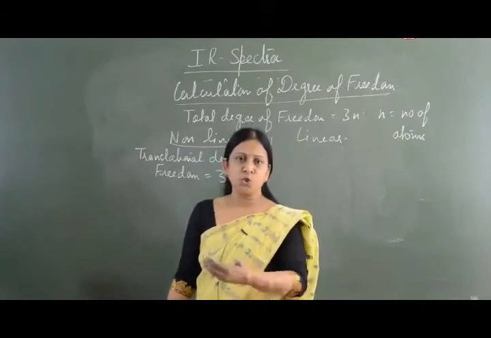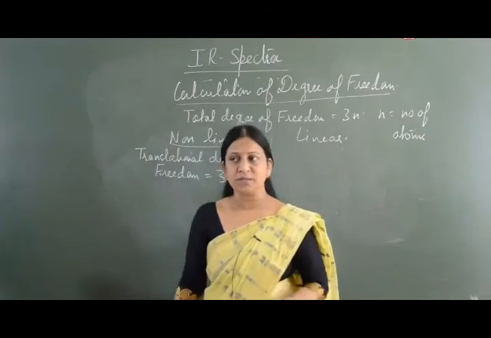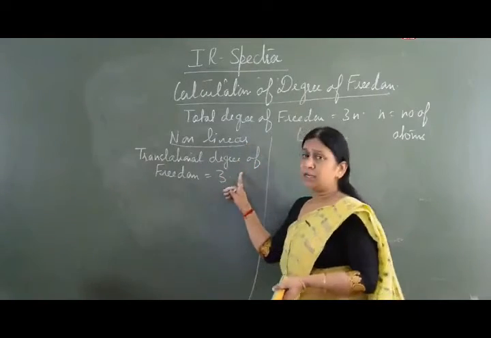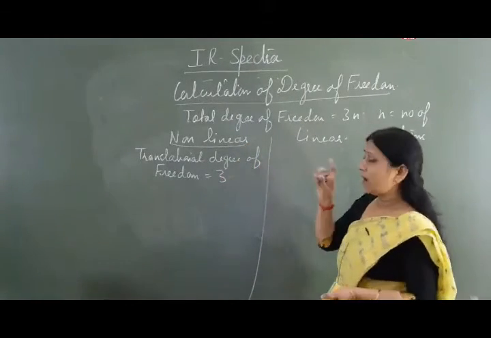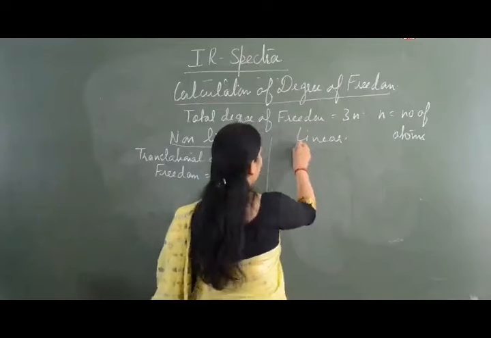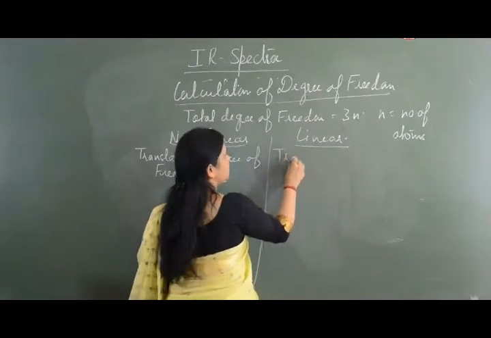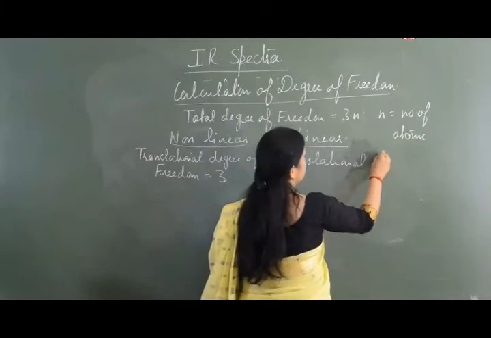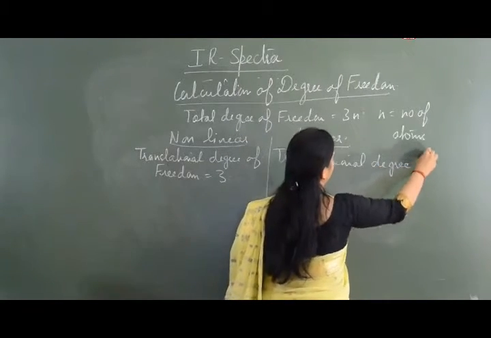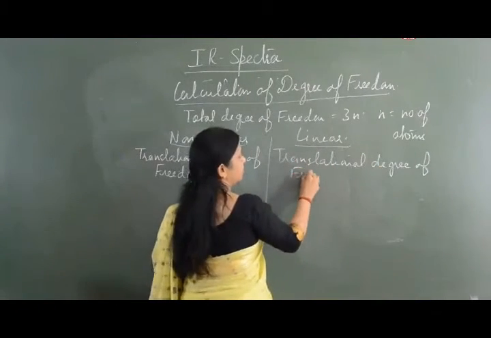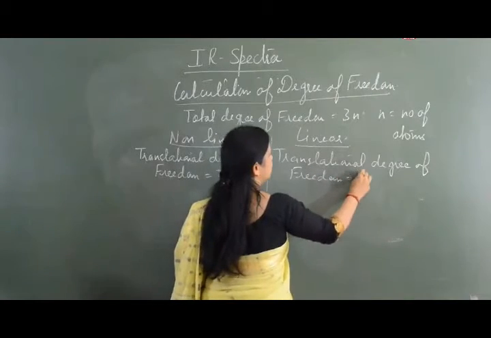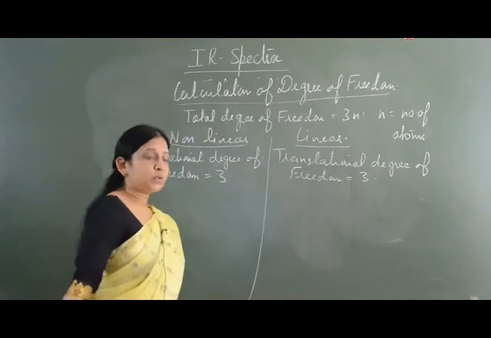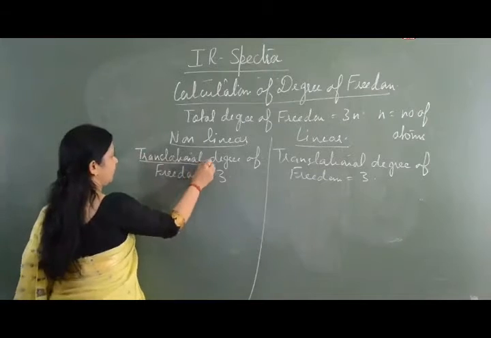Translational motion means to and fro movement on an axis. So whether I consider a non-linear molecule or a linear molecule, in both cases the translational degree of freedom is 3.